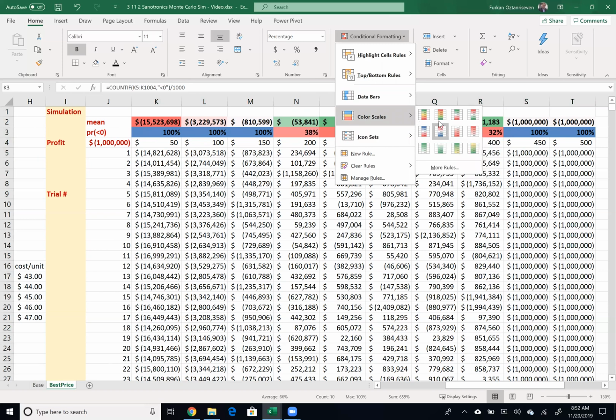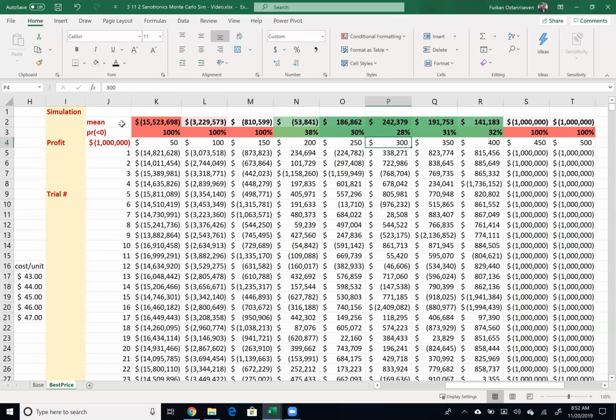So lower will be green, higher will be red. Now if you look at the average return on investment, which is the first row, the best solution is basically to charge $300 to your customers, and you will make on average $242,000, which is not too bad.